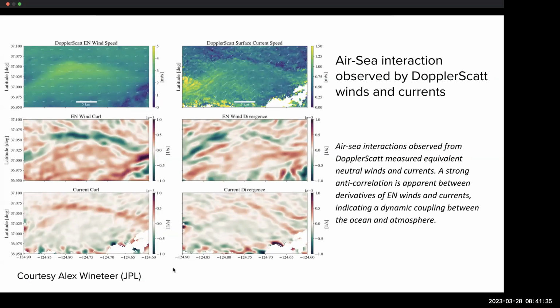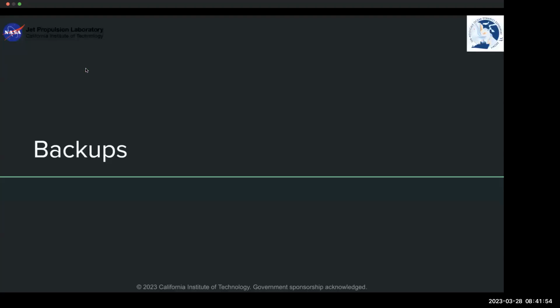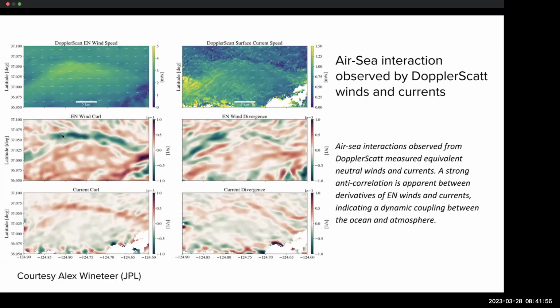And there are also wonderful signatures that you can see if you look at the coincident winds and currents. This is some analysis done by Alex Wineteer using the Doppler scat winds, and you can see the estimated currents from our GMF, the wind curl, the wind divergence, and the current curl and the current divergence.